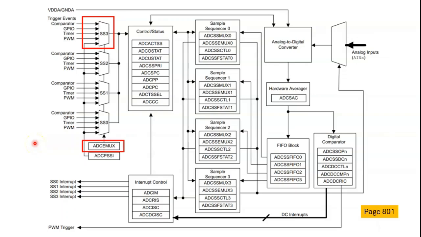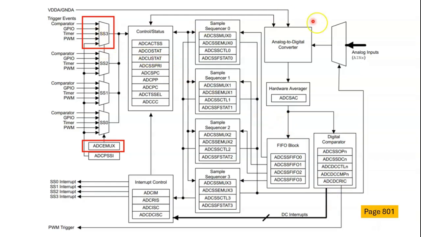Okay, so here is a block diagram of a typical internal configuration of an ADC module. And I've taken this diagram from page 801 of the TM4C123G datasheet.